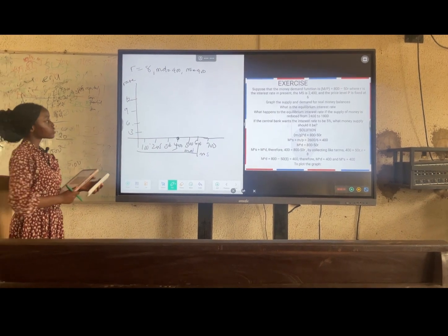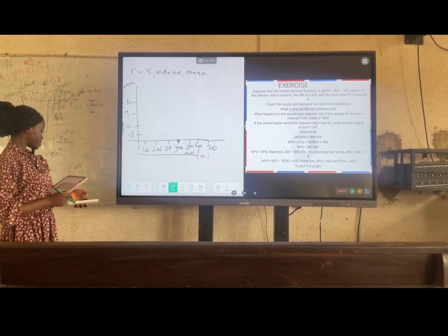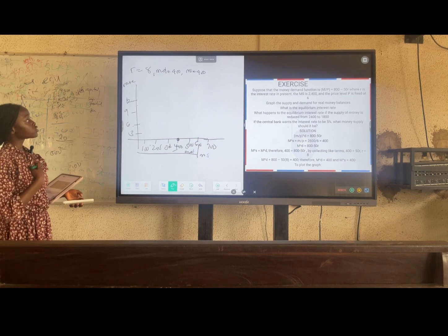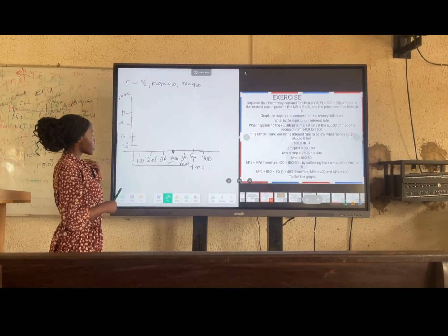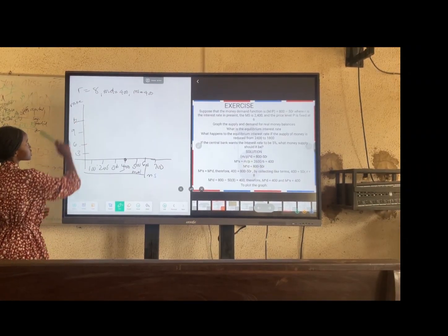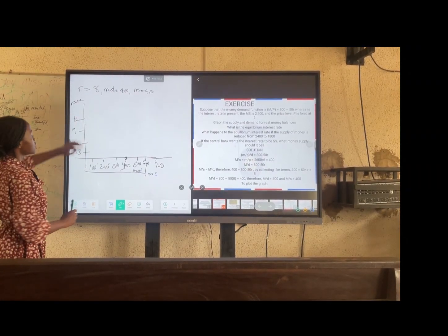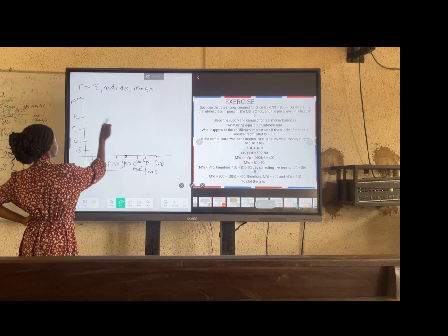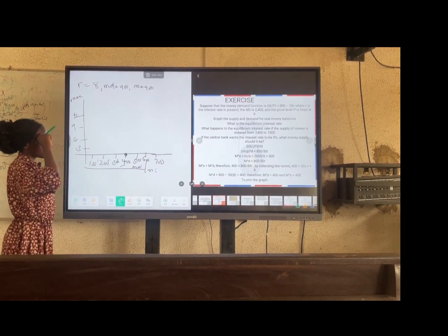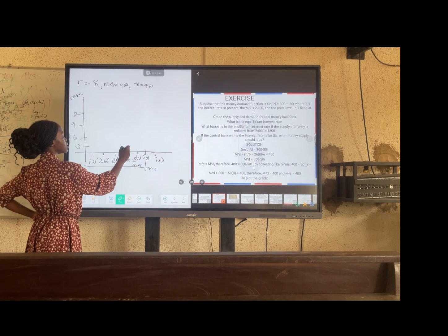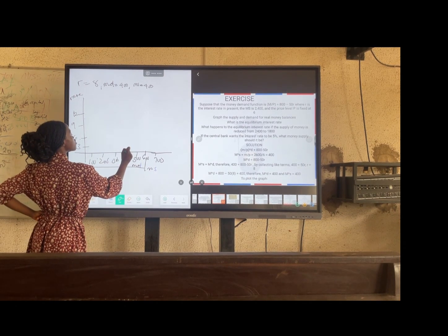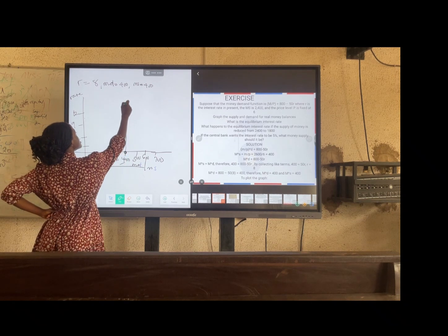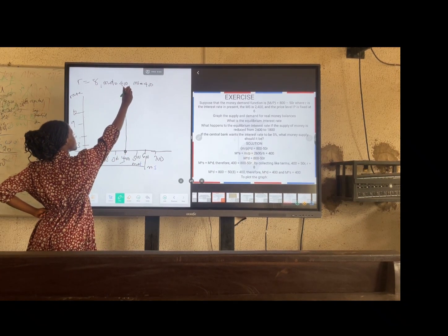So for this we're also going to be getting the intercept. Here we have our rate to be 8, our money demand and money supply to be 400. So this is for the money supply.